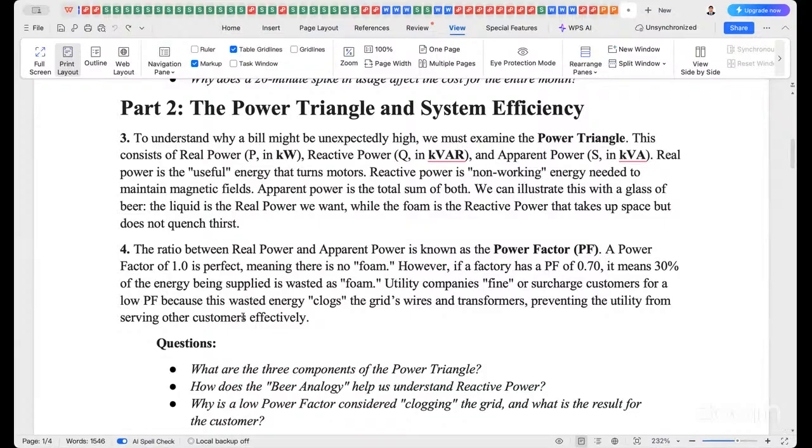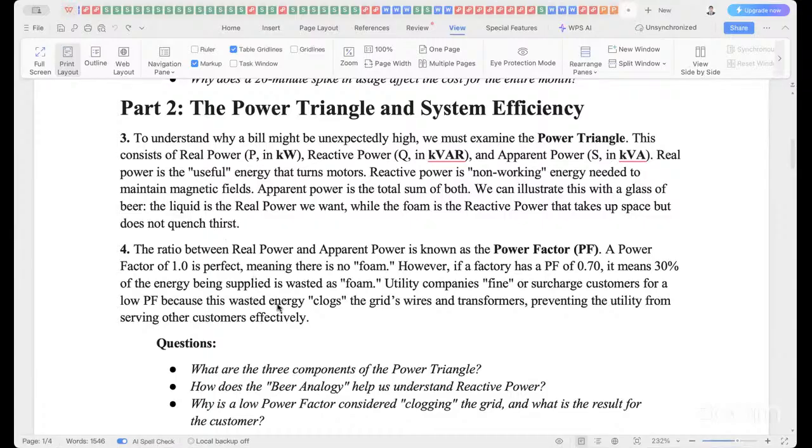Real power is the useful energy that turns motors. Reactive power is non-working energy needed to maintain magnetic fields. Apparent power is the total sum of both. We can illustrate this with a glass of beer. The liquid is the real power we want, while the foam is the reactive power that takes up space but does not quench thirst.